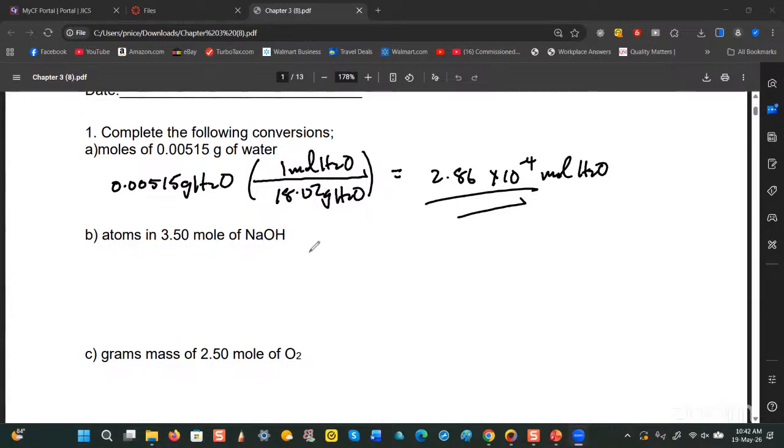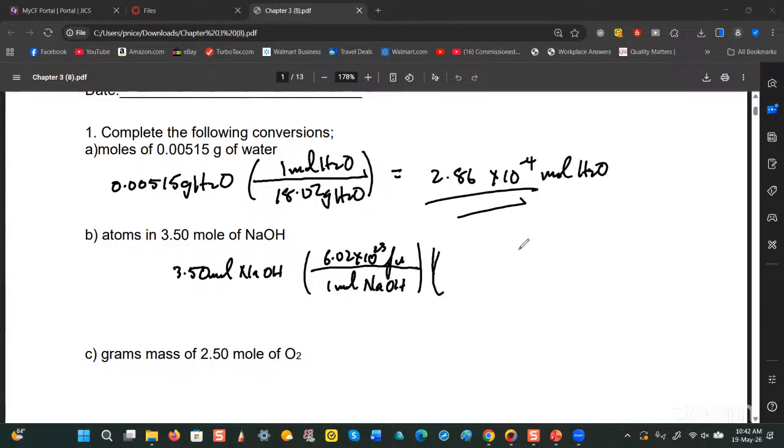The way I would do this is I would start off with 3.50 moles of sodium hydroxide. And then, as she correctly said, multiply that by 6.02 times 10 to the 23. I would put formula units for every 1 mole of sodium hydroxide.